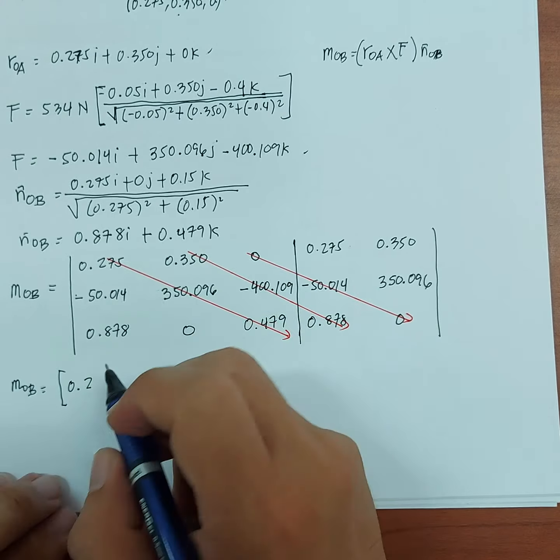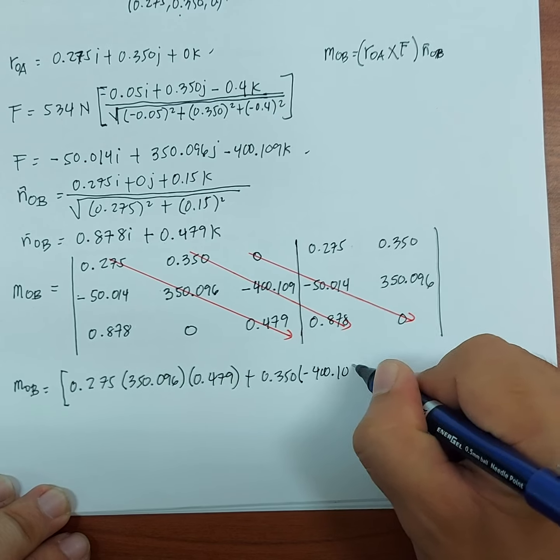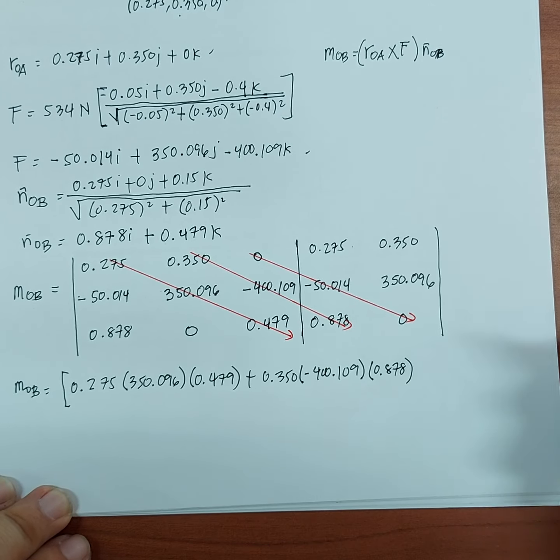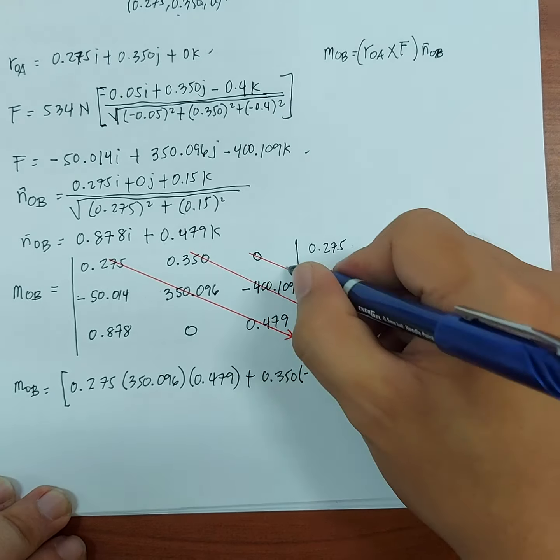So i-add lang natin ng product yung mga ito. Okay? Ito, so 0 na yan, no? Ilalagay sa equation para hindi humaba.